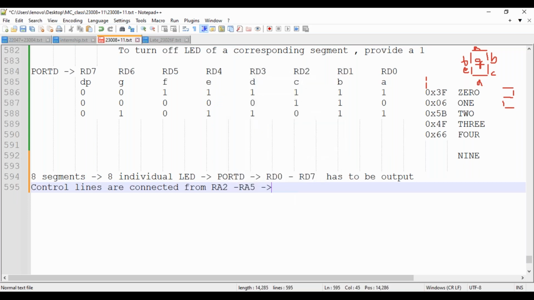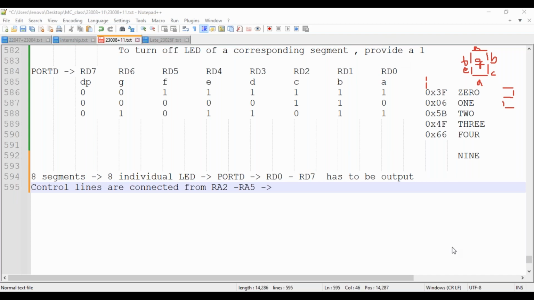Now what should be the direction of these RA2 to RA5?